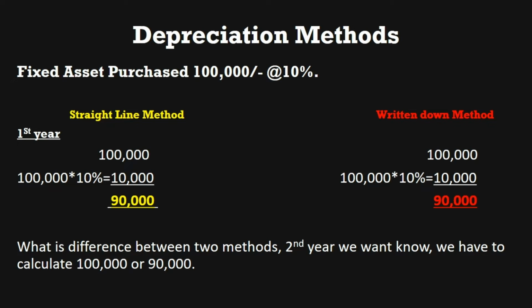So we purchase a fixed asset of 100,000, machinery or vehicle or whatever, into what percentage? They said 10%.